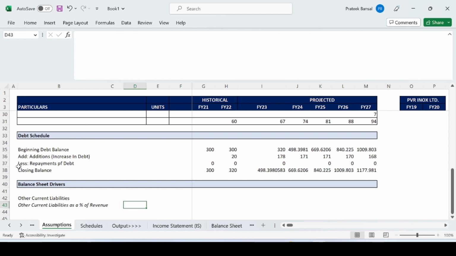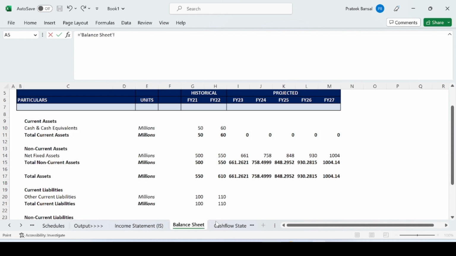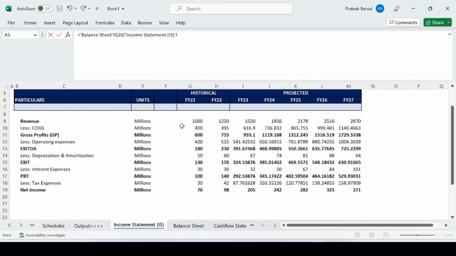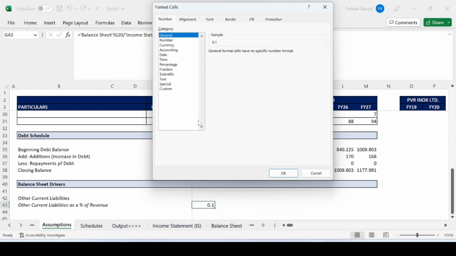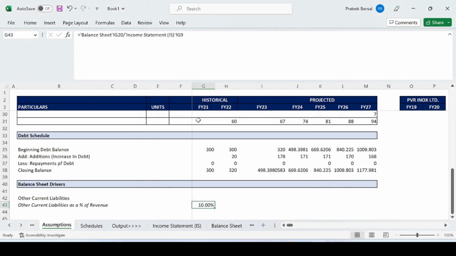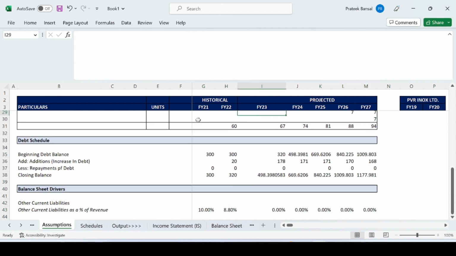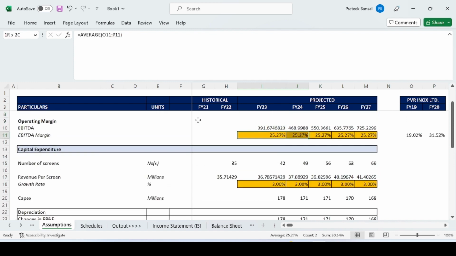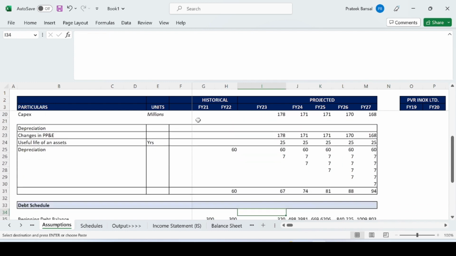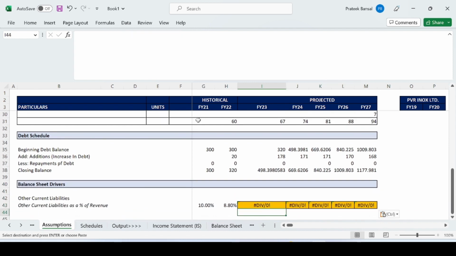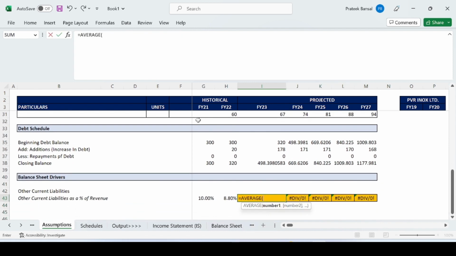Okay, so what we can do is calculate this percentage, that is OCL divided by revenue of that particular year, and we can convert this into a percentage, and calculate this for the rest of the years. We can copy the formatting from here and we can take the average of the last 2 years.